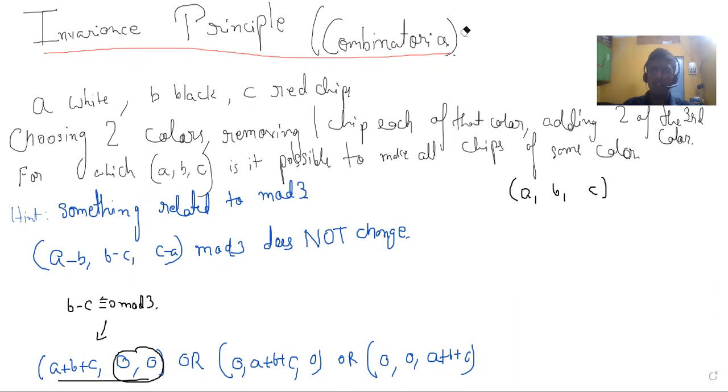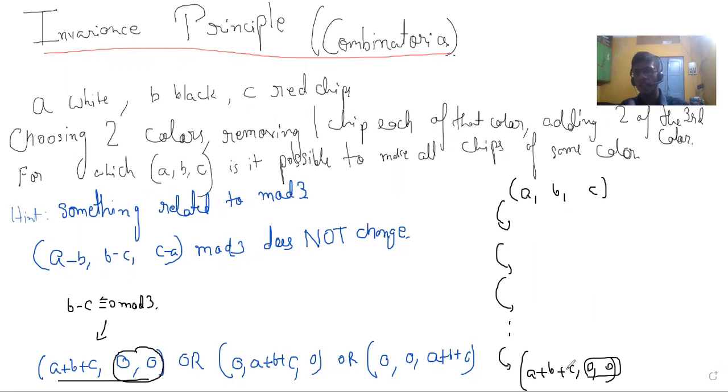So if we are starting with A, B, C, and after some finite number of steps we have to reach this, then what can we say about the initial A, B, and C? Because finally, by B and C, I mean the second and third coordinates.